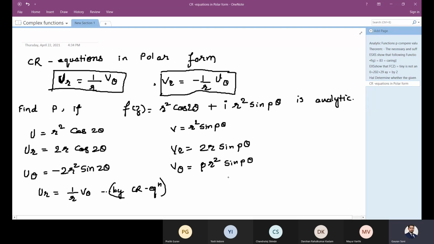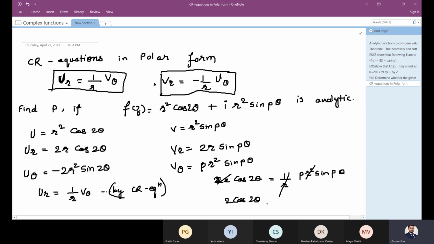What is ur? ur is 2r cos of 2 theta, which is equal to 1 upon r times p r square cos of p theta. So r square and r square will get cancelled out, and 2 will remain as it is.